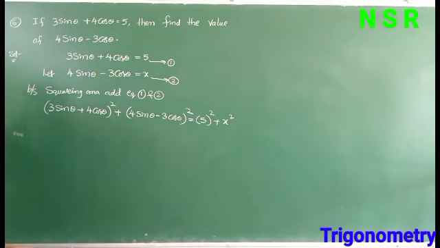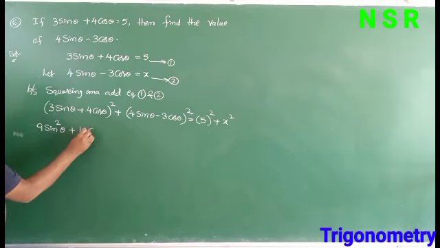Now simplify this one. Apply here, this is a and this is b, a plus b whole square: a square, 3 sin theta whole square, 3 square 9, sin theta square is sin square theta, we get 9 sin square theta.